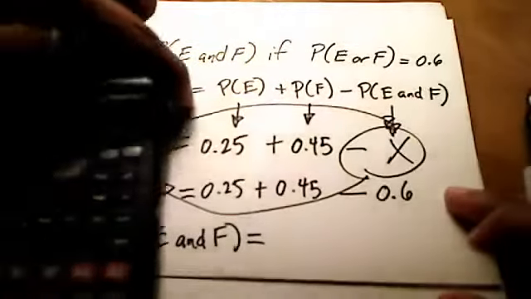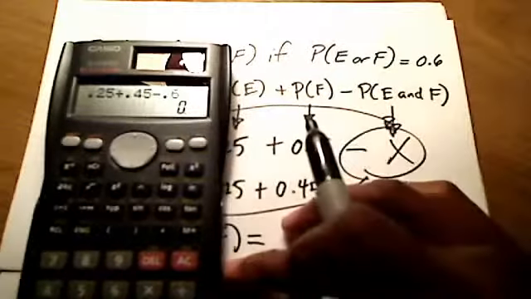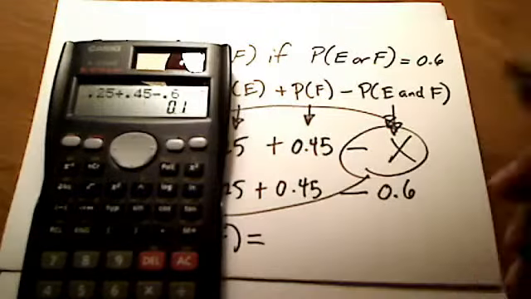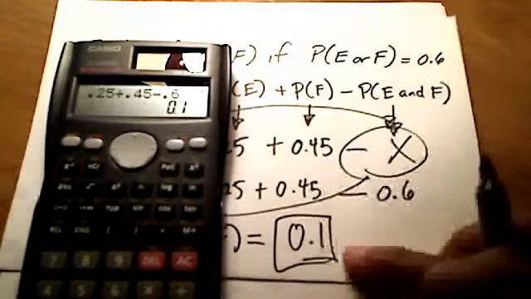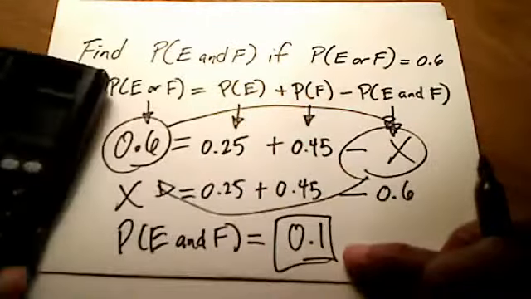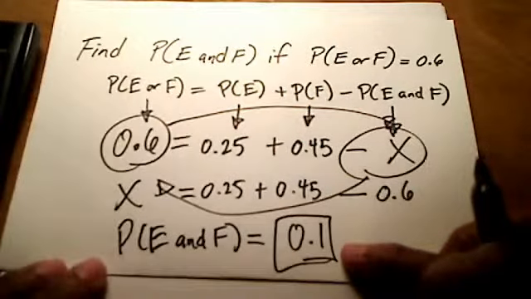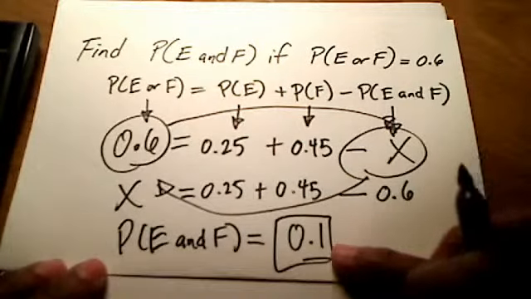Let's see if we can slide that over so you can see that, and that comes out to be 0.1. So there's my total answer for this one. Where they intersect in this case is 10%, or 0.1.